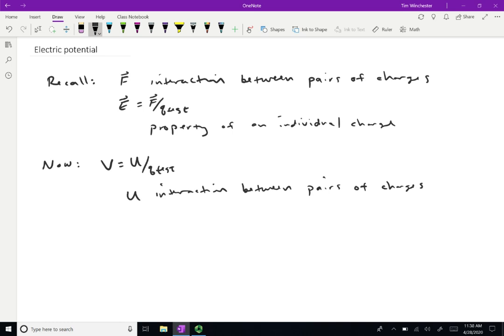And we'll be able to think of this new quantity, V, as a property of an individual charge. And actually, just like we did with electric field, we'll be able to map out V around a charge.